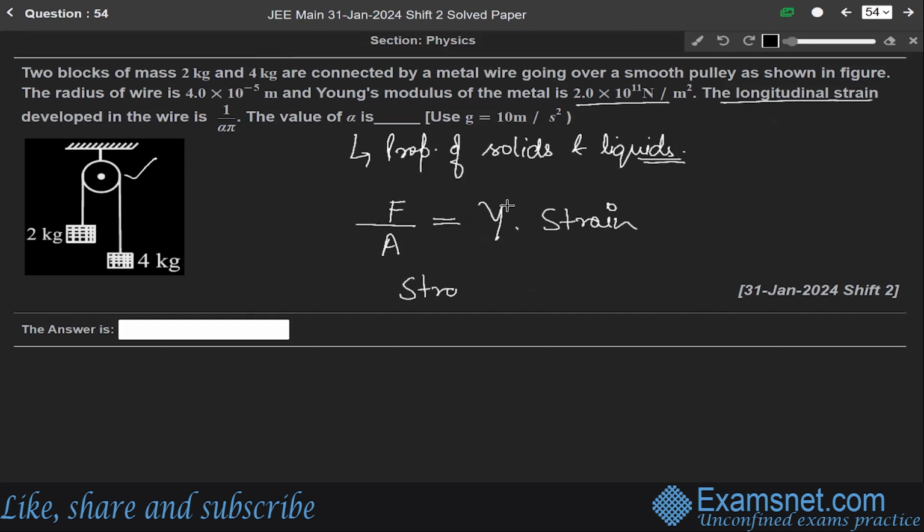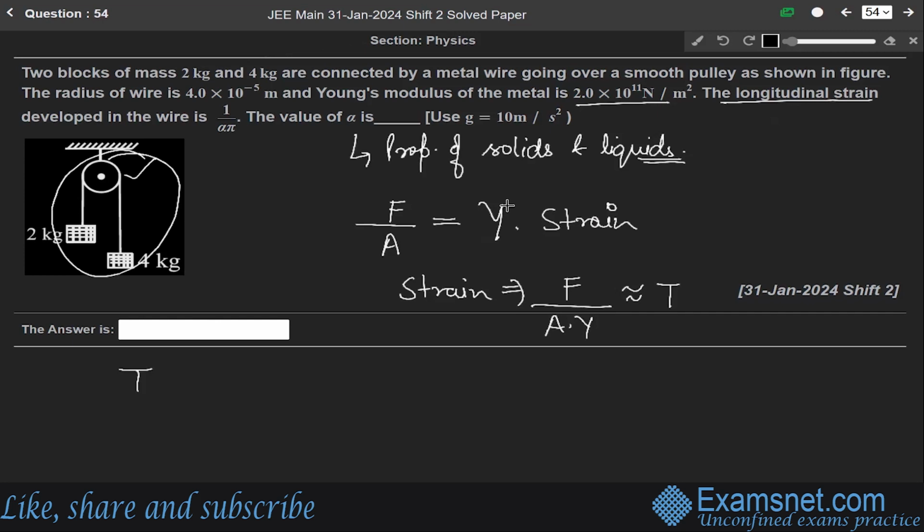So strain will be equal to force over area into Young's modulus. And we know that this force will be equivalent to the tension T acting in this figure. So we have to find the tension T acting in this pulley system.